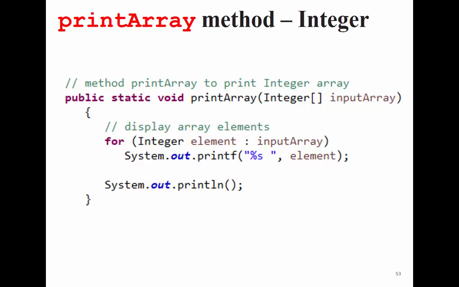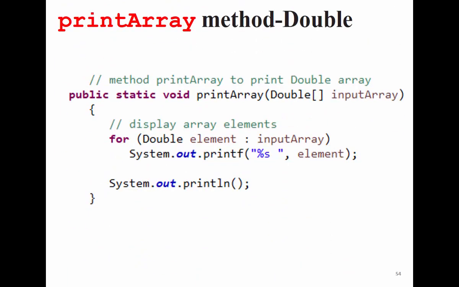That is the signature. You see the public static void, the name of the method is the same, but the argument is an Integer array. Look at the second. The same name, the same public static void, but the argument is different. Now it's a Double array.